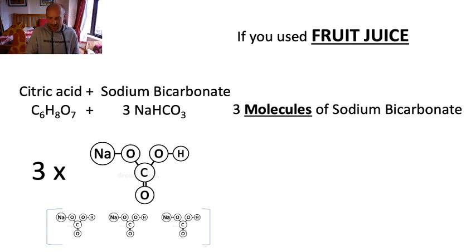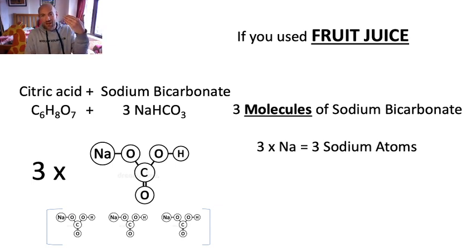So we've got 3 lots of Na, haven't we? So we've got 3 sodium atoms in total. Look at the brackets, the bottom picture, the brackets. That's what you've got essentially by having that big 3 at the front. It's 3 lots of that molecule. So 3 lots of 1 Na, 1 sodium, is 3 sodium atoms.